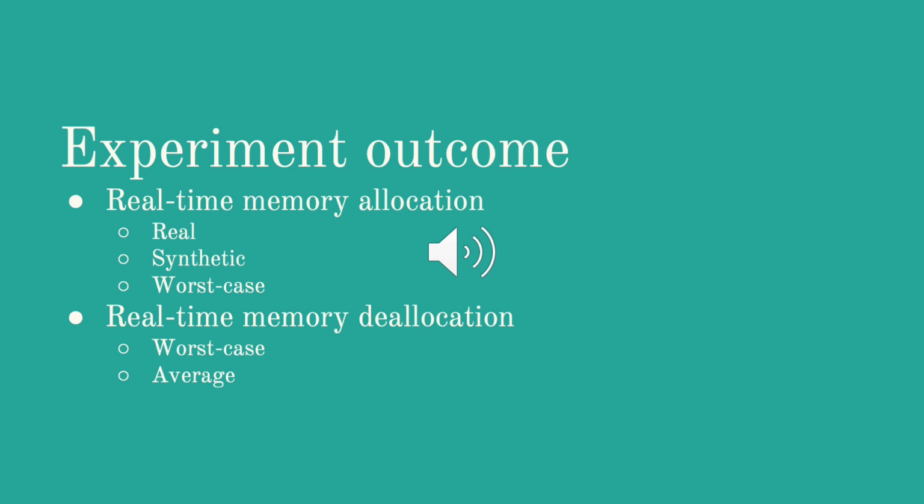The author compared worst case and average running time with different algorithms and gave the results in charts. In the paper, the running time is recorded in CPU cycles. It contains two main parts, allocation and deallocation performance.